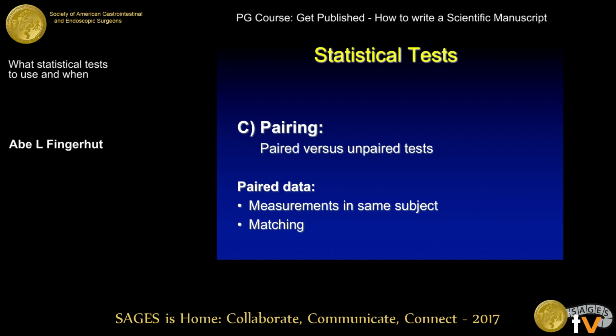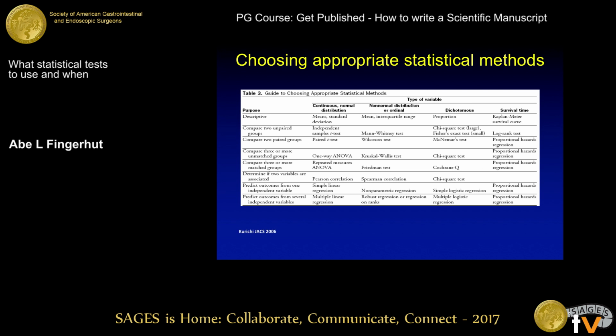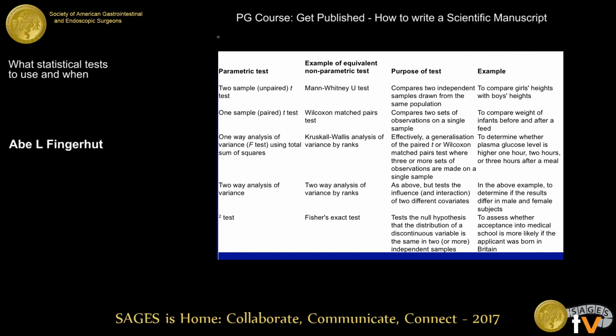If you use 1 measurement per sample, it's an unpaired test. 2 measurements for the same person or same animal, paired tests. And these are summarized, I'm almost finished, in 2 papers. One by Curici and Jacks, 2006.